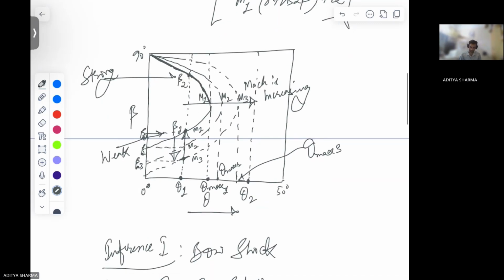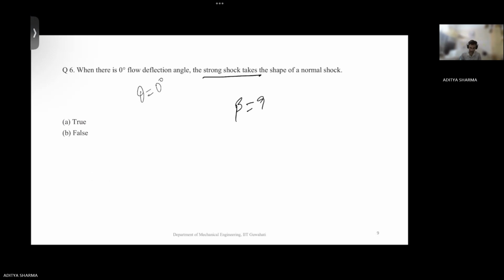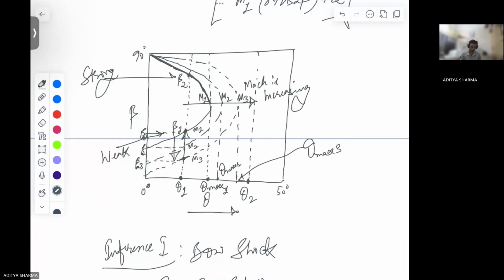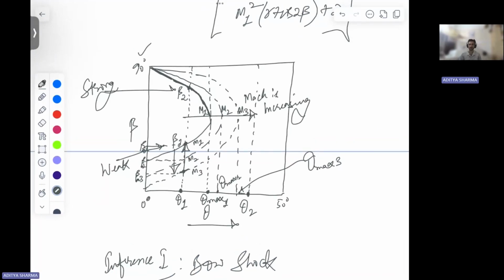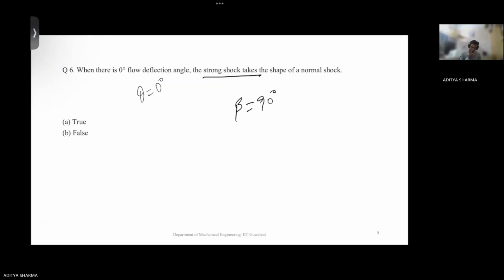Okay. So here what will happen is your beta will be 90 degrees. Okay. So when your beta is 90 degrees, in that case, this acts as a normal shock. So in that case, this is a true statement, correct statement. Okay.